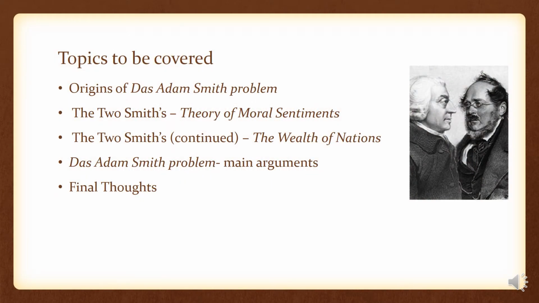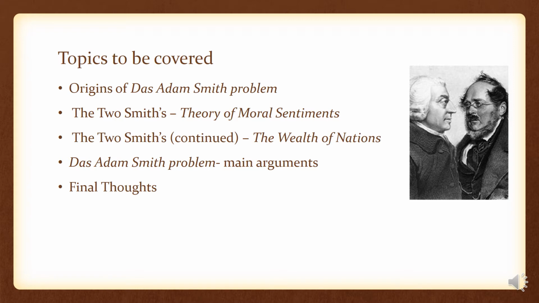The main talking points of today's presentation would be firstly to understand where the Adam Smith problem as a term originated from and the historical schools that outlined the inconsistencies in Smith's writings.